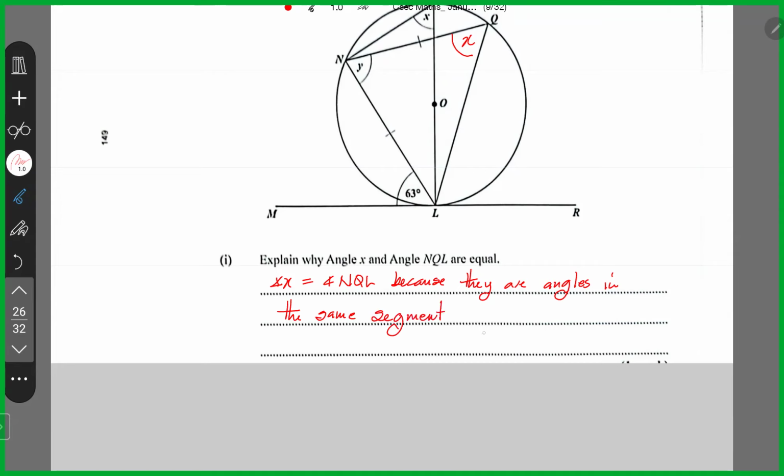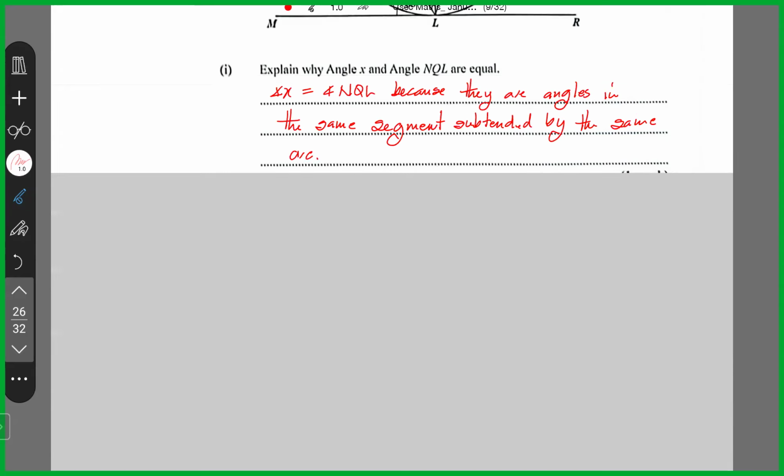Now you could stop here or you could add subtended by the same arc. All right, so they're equal because they're angles in the same segment subtended by the same arc, and angles in the same segment subtended by the same arc are equal angles.